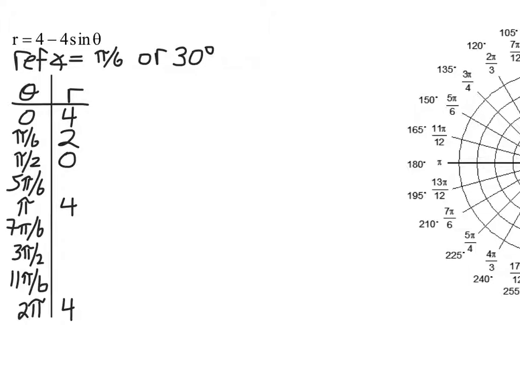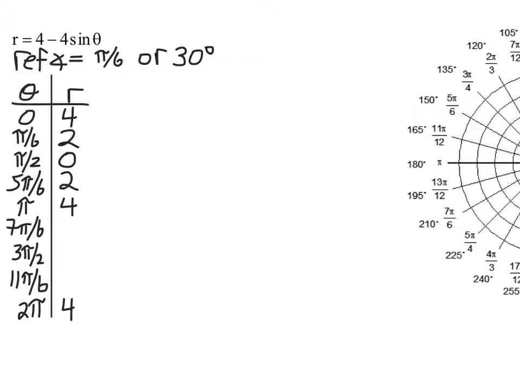5 pi over 6 is still a positive value for sine, so it's going to give you the same value that you got for pi over 6, which is going to be a 2. And by the way, the 3 pi over 2 would follow the same idea as pi over 2, except it's going to be negative, so we'll get to that in a second, but you could still rely on the 1 versus negative 1 relationship.